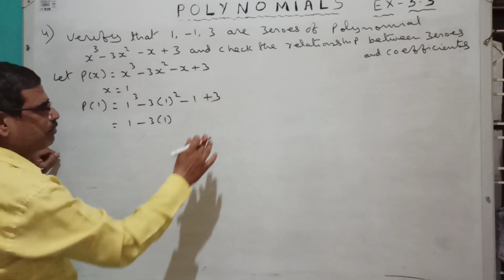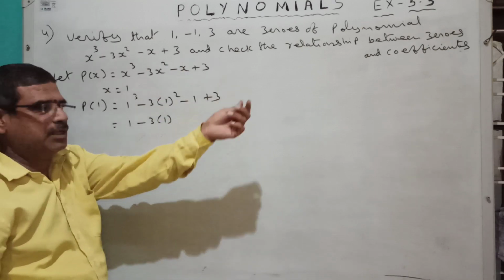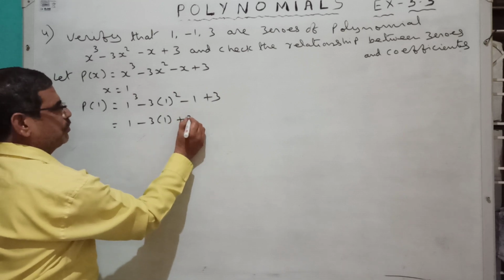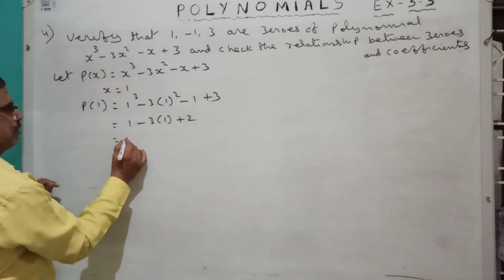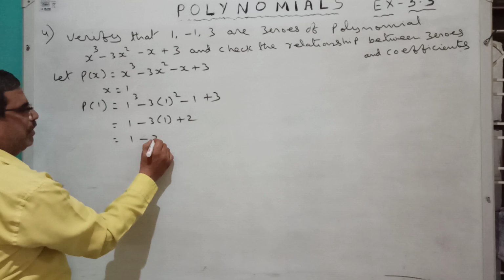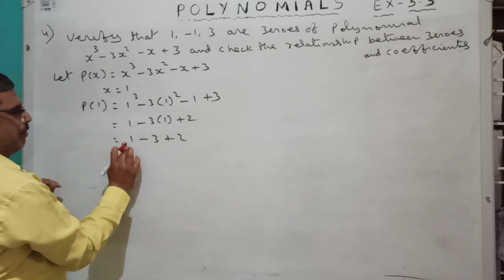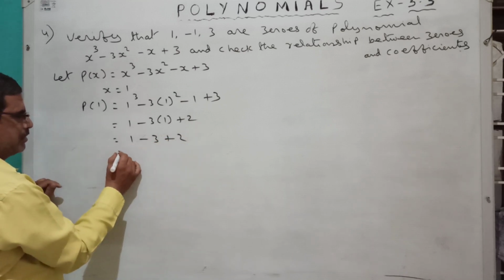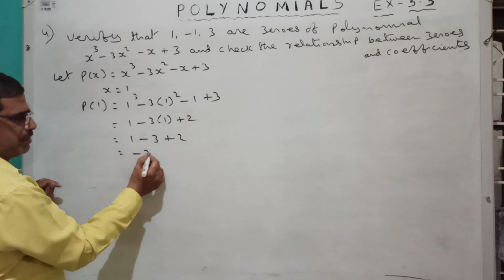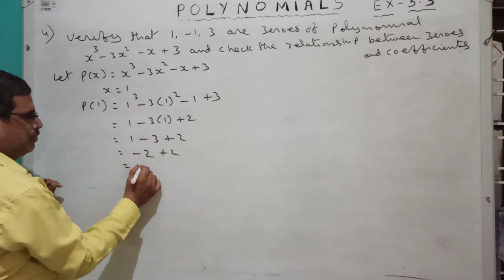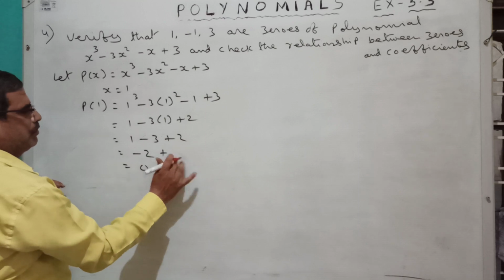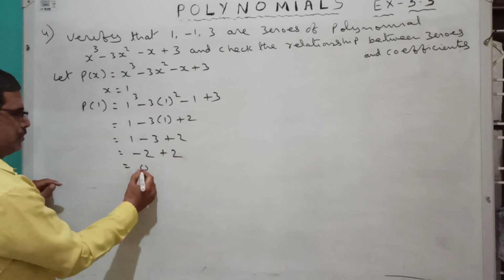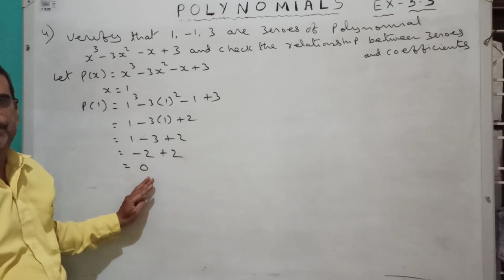Minus 1 plus 3, different signs, we have to subtract them, plus 2, the bigger number's sign. So 1 minus 3 plus 2. Minus 3 plus 1, different signs, subtract, bigger number's sign. Plus 2 is equal to 0. So 0 came.